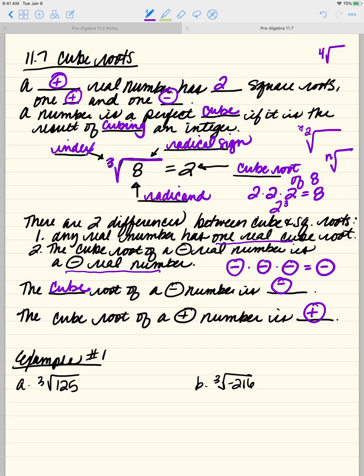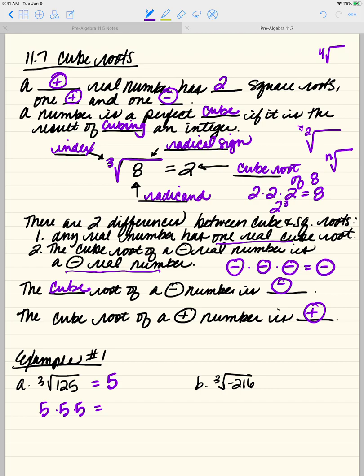All right, example number 1. What is the cube root of 125? What do we multiply by itself 3 times to get 125? 5 times 5 times 5, 5 cubed. So the cube root of 125 is 5. What is the cube root of negative 216?